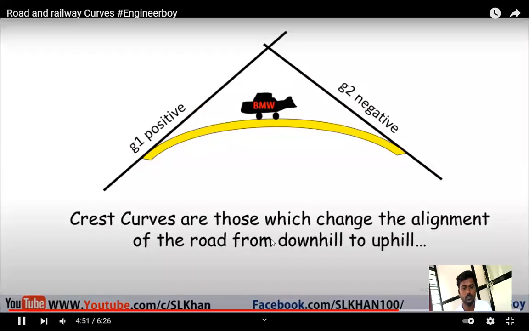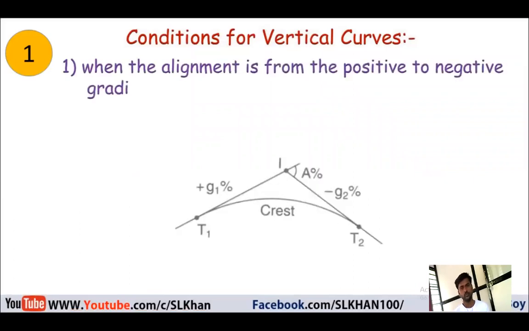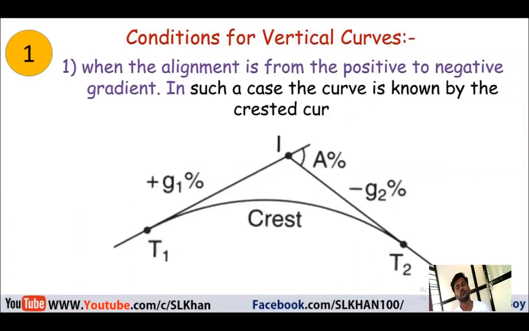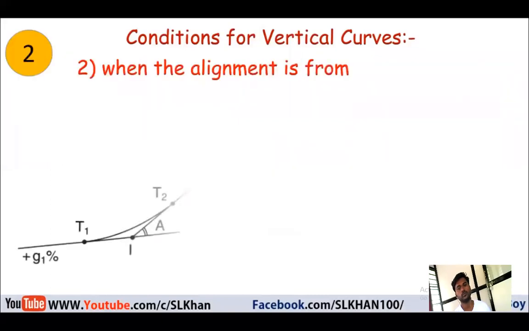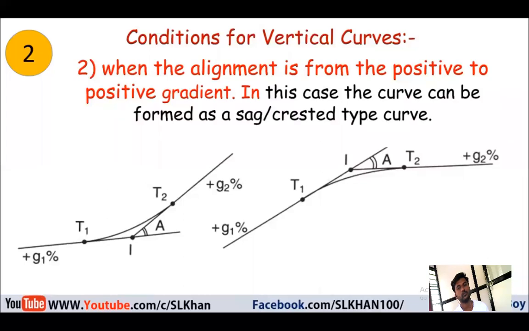The vertical curve can be provided in the following four conditions. Number one is when the alignment goes from a positive to a negative gradient. In such a case, the curve is known as a crest curve. In the second condition, when the alignment goes from a positive to a positive gradient, the curve is formed as a sag type curve.